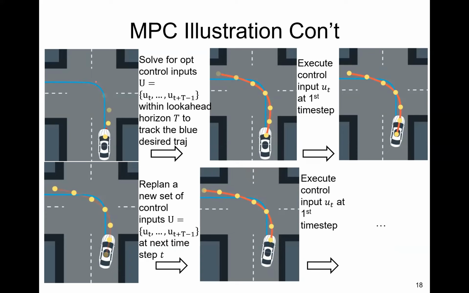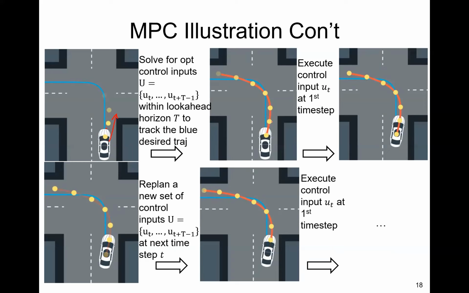Based on MPC, you solve for the control inputs U for the future time horizon big T to track the blue trajectory. Because this vehicle may have an initial speed, maybe in this direction, it's not physically possible to track the blue trajectory completely accurately. There may be some deviations.